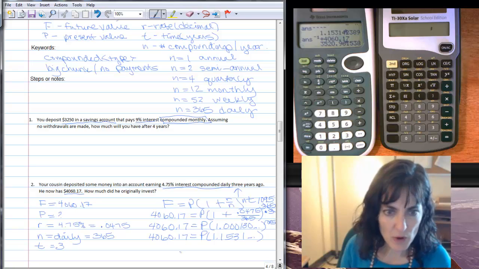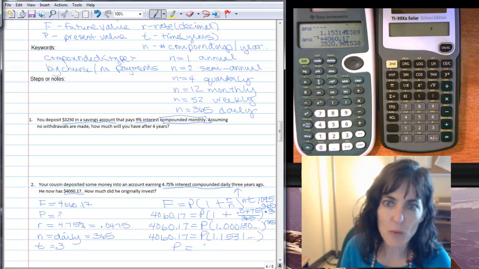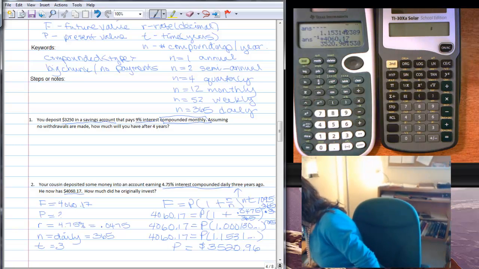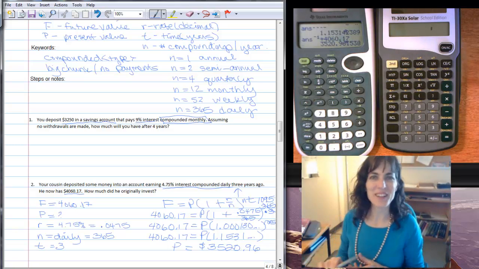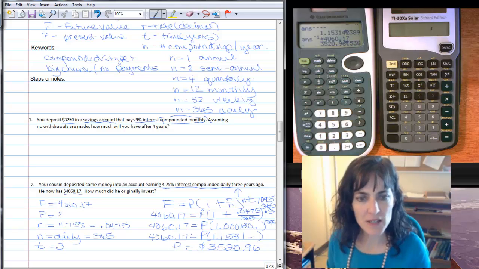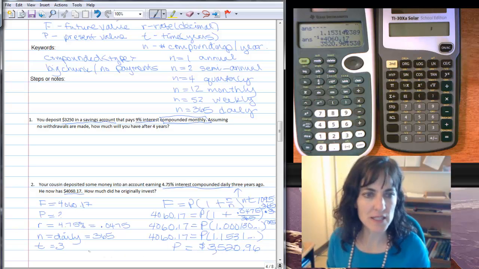So for this problem, I end up with P, I'll put it on the left, equals 3520.96. It's money, so we can think of it as $3,520.96.